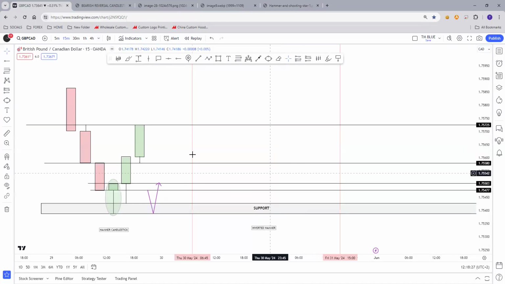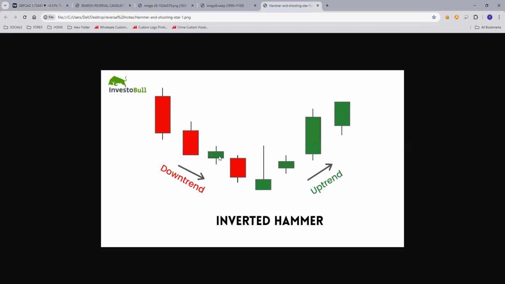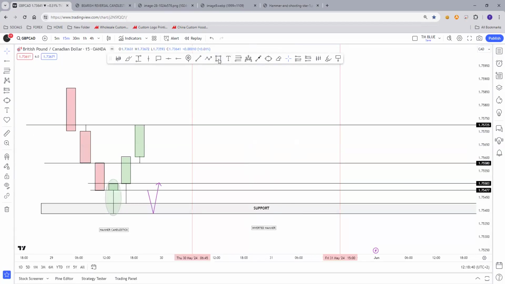So let's do this. Let's draw. How do you want to illustrate this one? Trying to find the easiest way to illustrate it. So I think we can illustrate it the same way, can't we? Okay, let's draw candles.